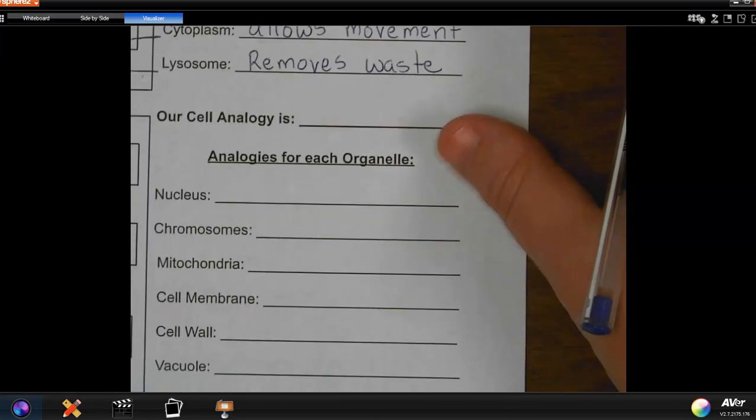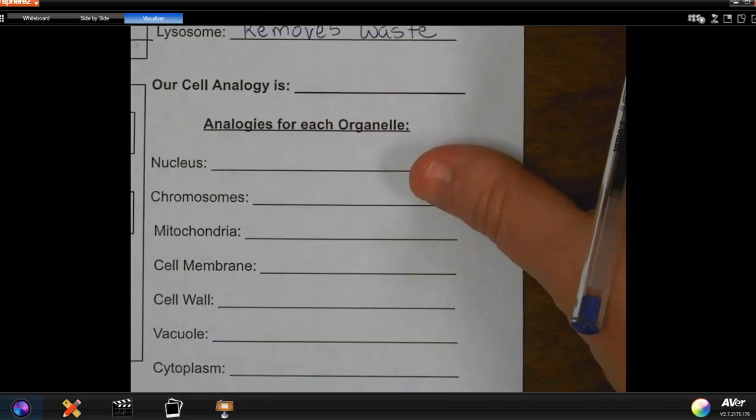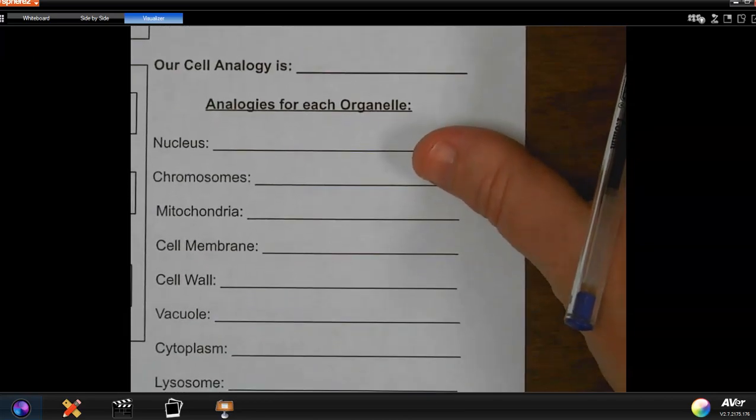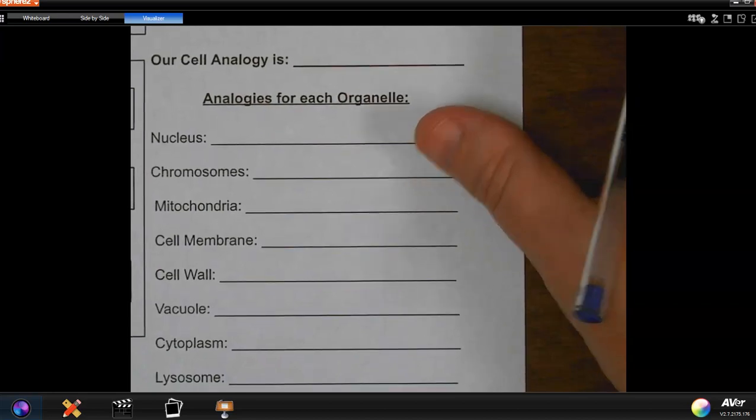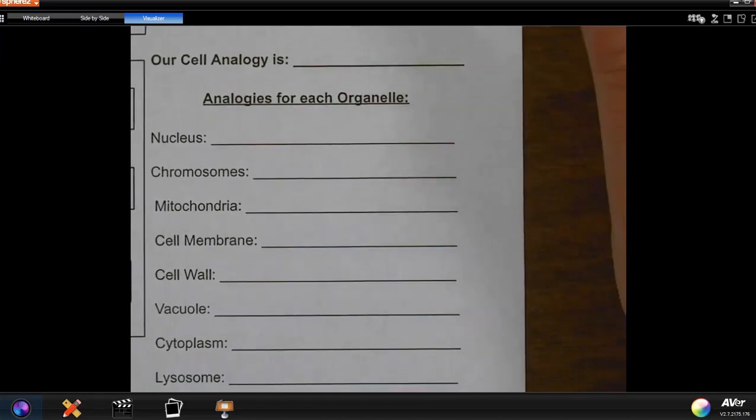The next step is to decide what your cell is going to be. We were doing cell school. We've also done cell city. So both of those are out. You cannot do cell school. You cannot do cell city. If you would like some ideas, you can do places that you've gone to visit on vacation, maybe places that require a ticket to go see, like a stadium of some kind, or if you go to a concert or a restaurant.